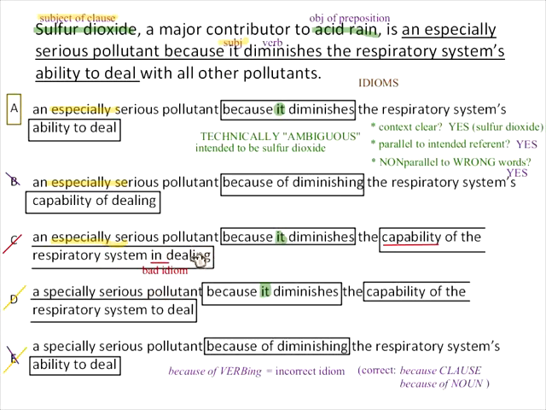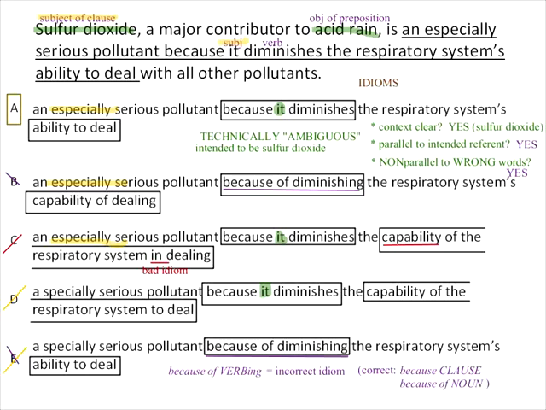I'm not quite sure how the GMAT would handle B and D, so I'm reluctant to pass definite judgment on those, although "because of diminishing" is definitely wrong. So you can use that as an eliminator here. You can find differing opinions on capability, so you would have to look at official problems and find an official opinion on that.